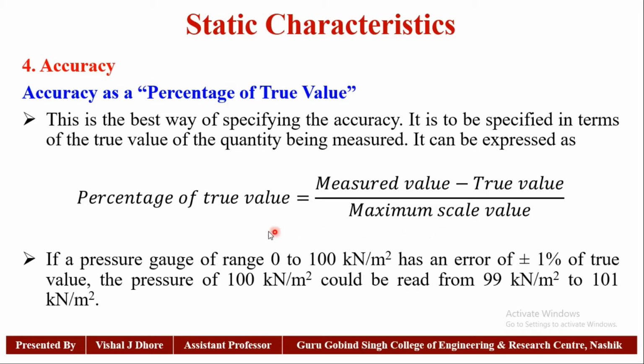We take the same example. If a pressure gauge of range 0 to 100 kilonewton per meter square has an error of plus minus 1% of true value, the pressure of 100 kilonewton per meter square could be read from 99 kilonewton per meter square to 110 kilonewton per meter square.